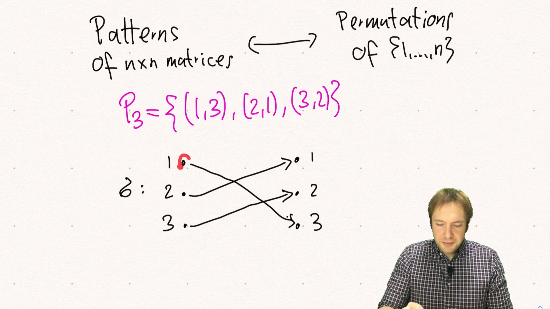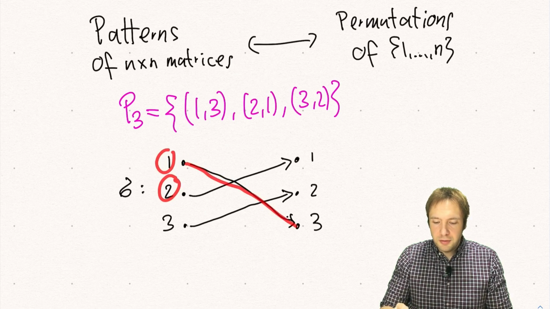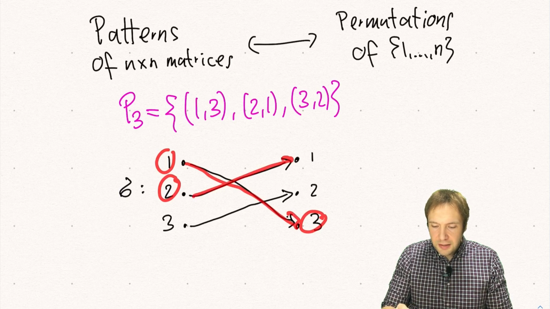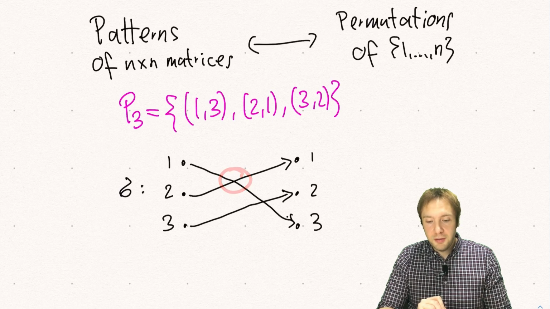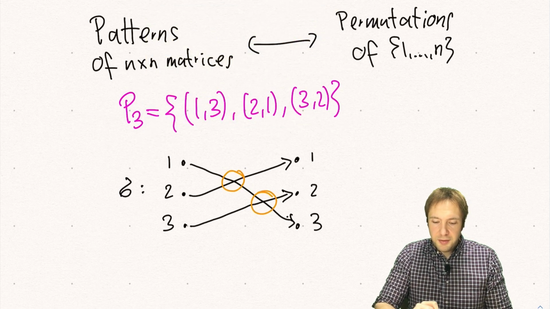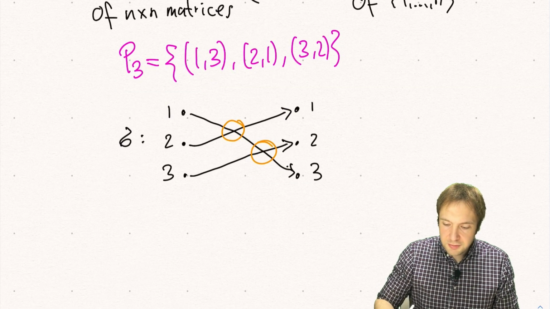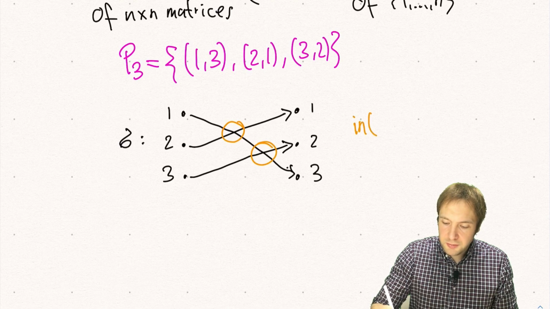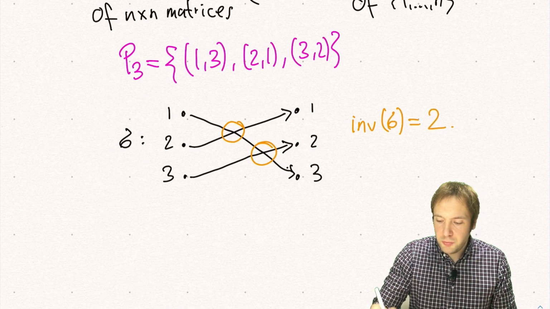So here, 1 is smaller than 2, but the image of 1, the 3, is larger than the image of 2. And in this picture, this just means that I have a crossing. So if I count the number of crossings, this is exactly the number of inversions. So the number of inversions of this sigma is just 2.